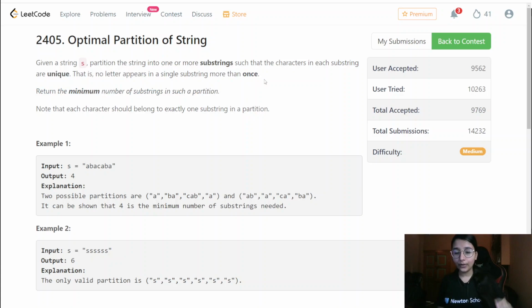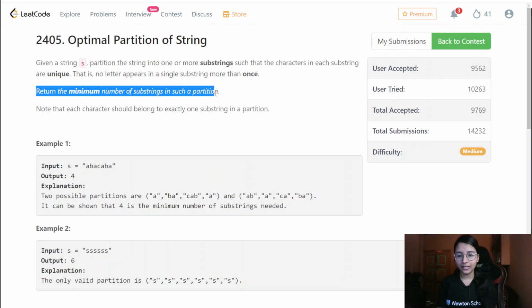So we are required to have various substrings, and these substrings should be such that once we take a substring, there shouldn't be any repetition of characters in it, and return the minimum number of substrings in such a partition.